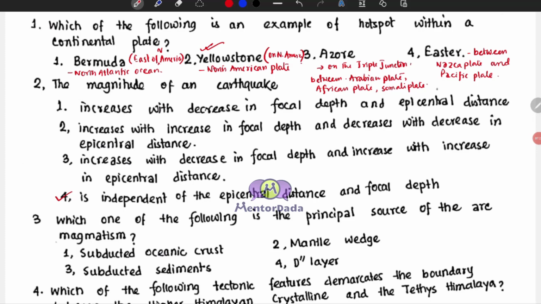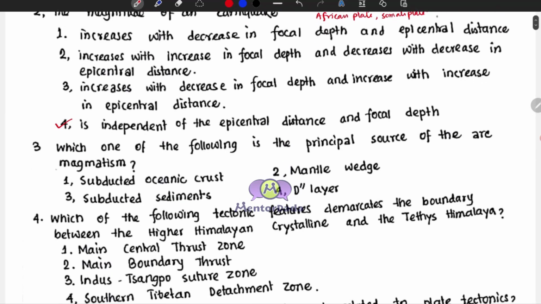The next question is, which one of the following is the principal source of arc magmatism? Arc magmatism is related to the subduction zone. In a subduction zone, one plate is subducted beneath the other, so one is the overriding plate and another is the subducted plate.